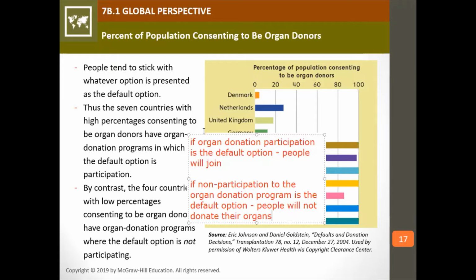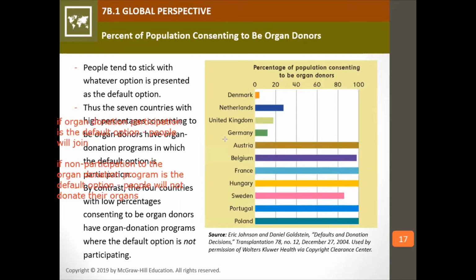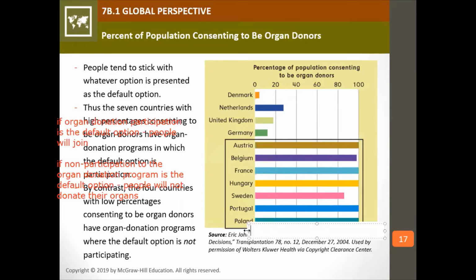So this is very important because in Austria, Belgium, France, Hungary, Sweden, Portugal, and Poland, organ donation is the default option. So that's why the rate of organ donation is highest.